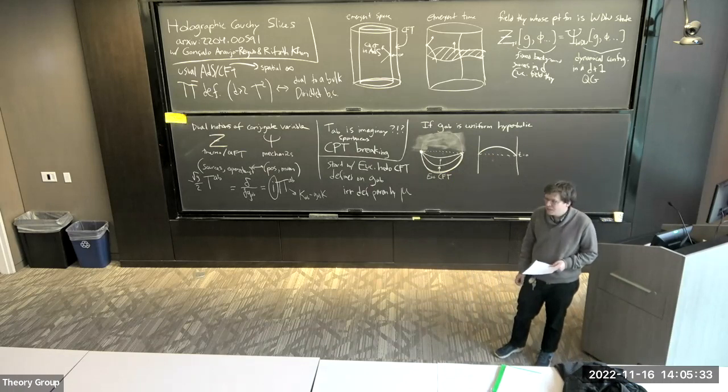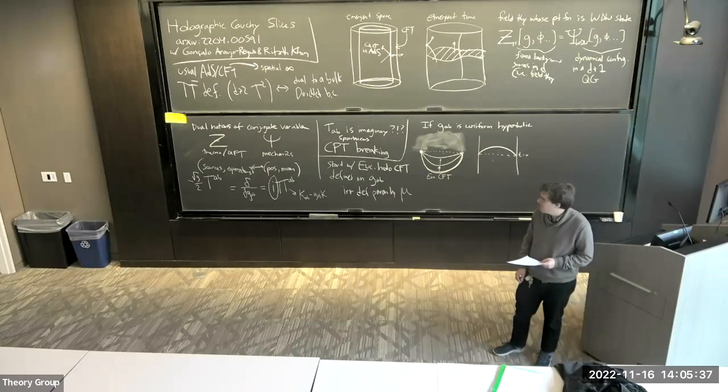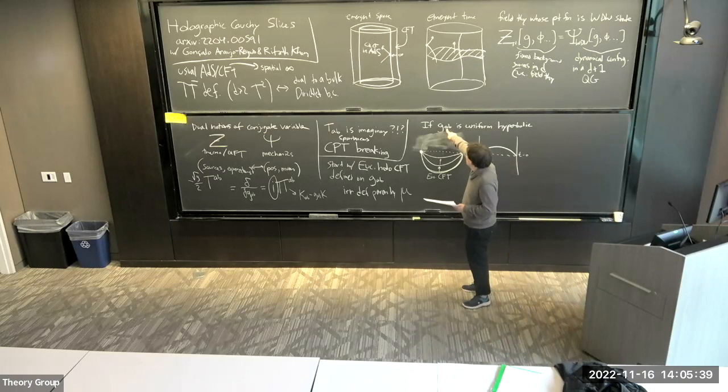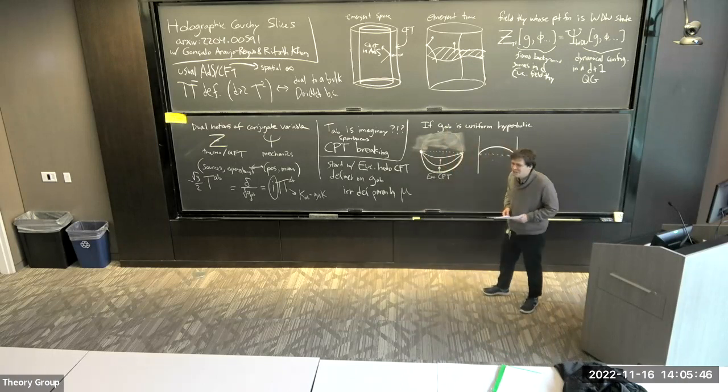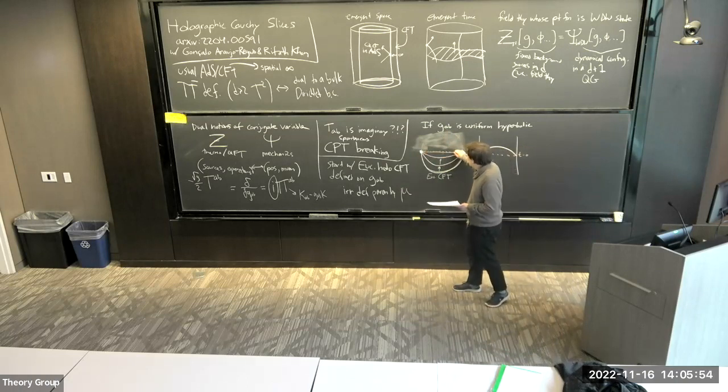But are you saying that there's some critical value of mu? Given a fixed value of the hyperbolic radius, there's a critical value of mu, or if we fix mu, there's a critical value of the hyperbolic radius. What is special about the thing that is critical? The critical value has to do with the radius of curvature.